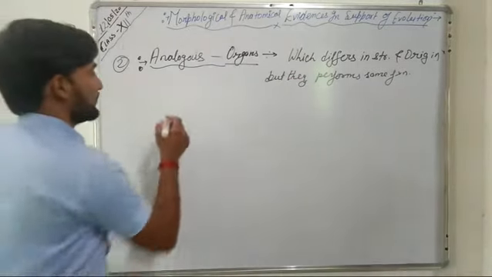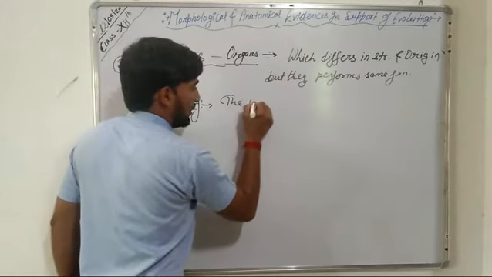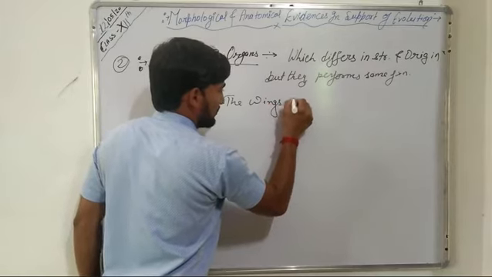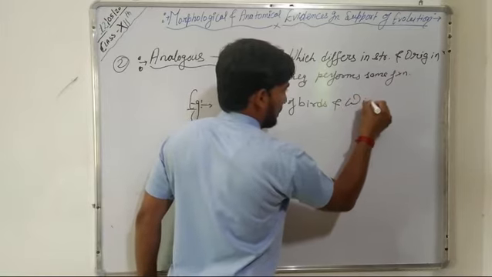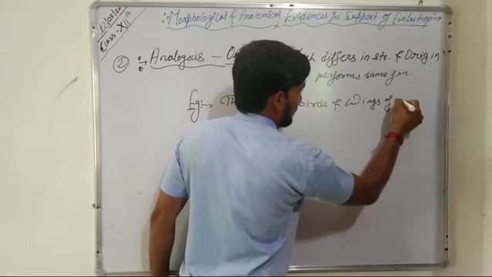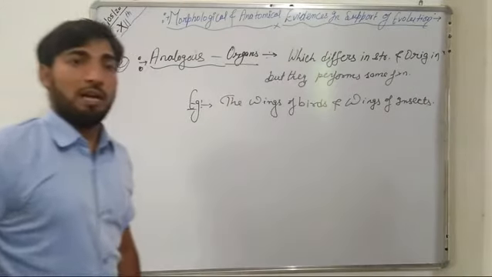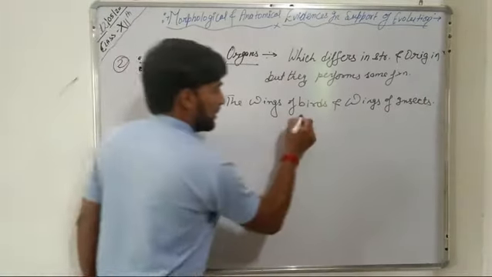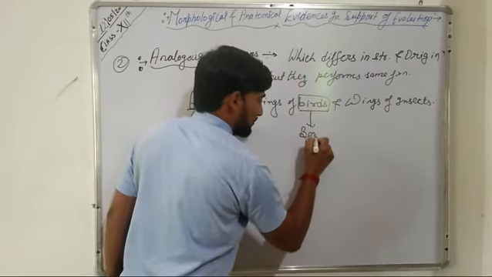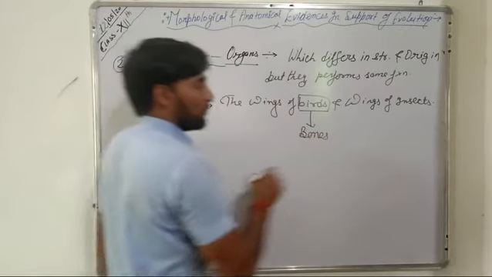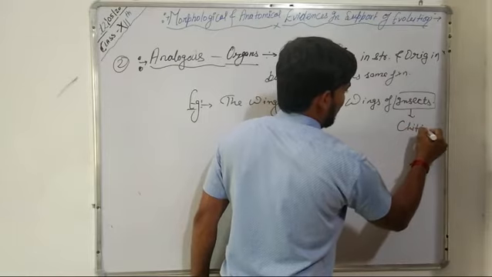For example, the wings of birds and the wings of insects are examples of analogous organs. In birds, the wings are made up of bones, whereas in insects, the wings are made up of a protein, chitin.